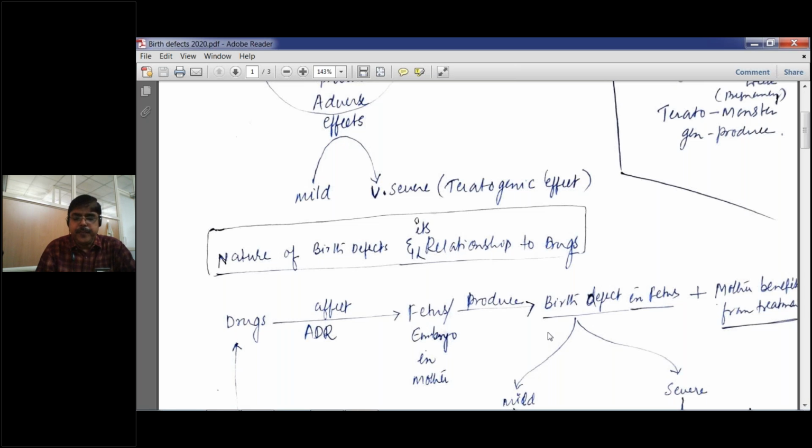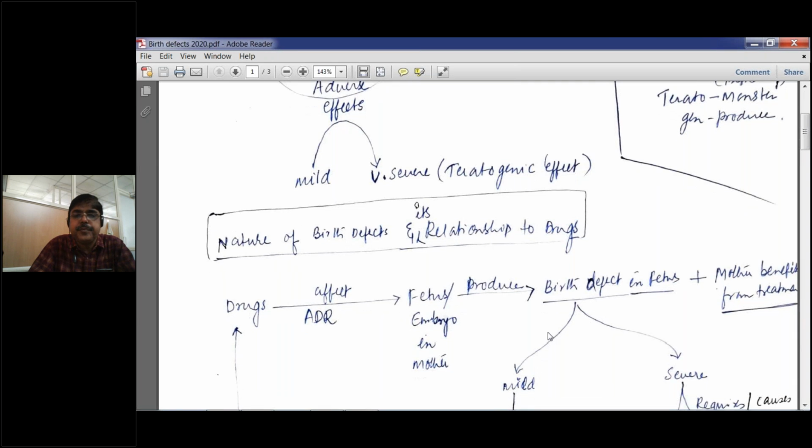Now let us see where pharmacoepidemiology comes into the picture here. When mild and very severe adverse effects are produced, pharmacoepidemiology helps to document the adverse effects which can be seen rarely among the large population included.